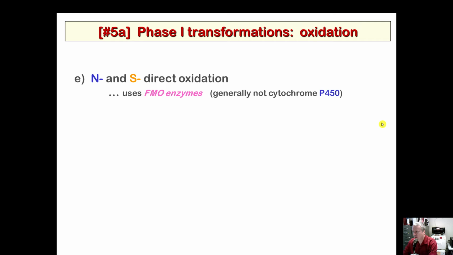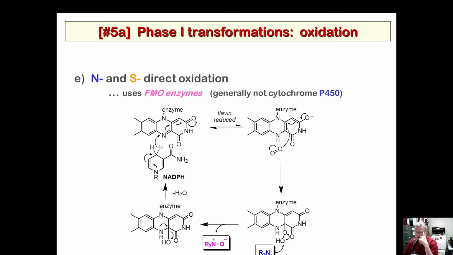So the mechanism is that the FMO enzyme has this flavin heterocycle system, and it actually gets reduced initially with NADPH. So NADPH is a biological reducing agent, and so what happens is, pretty cool.